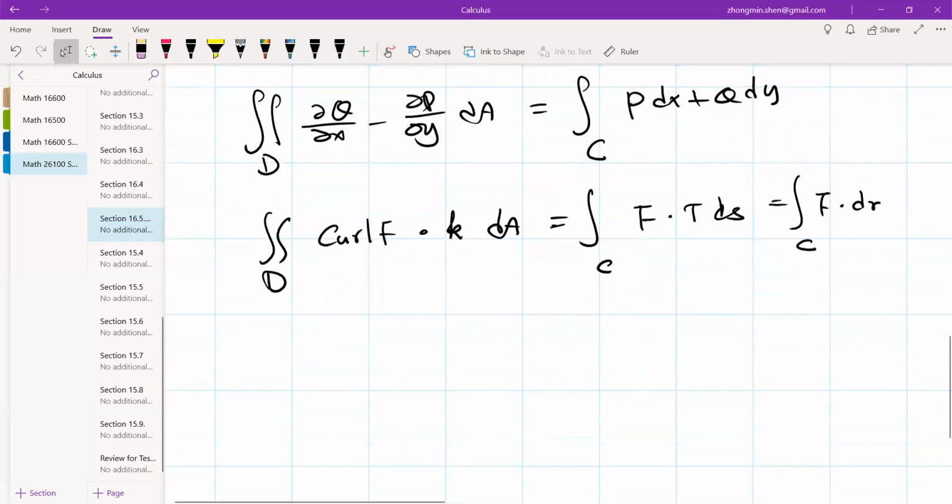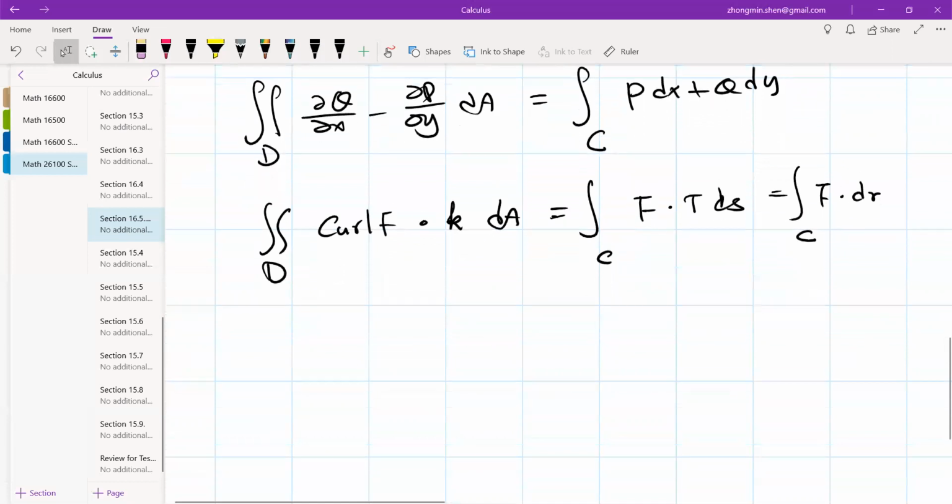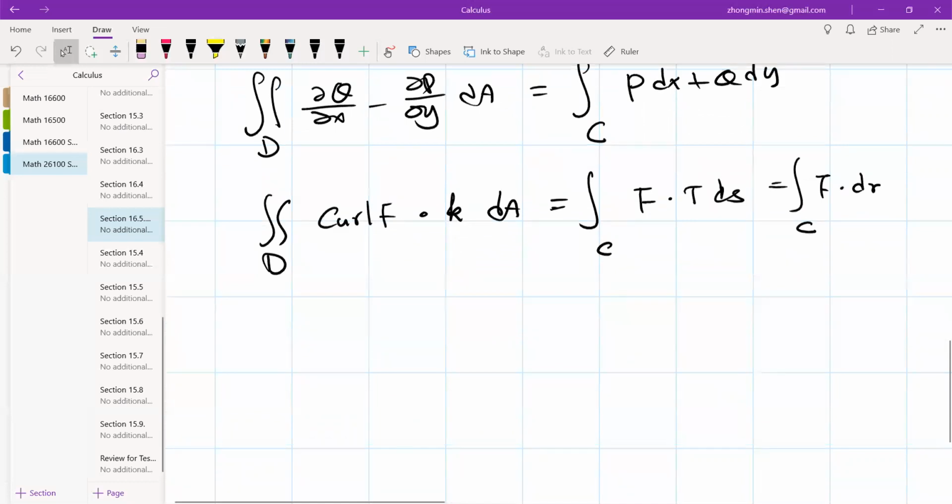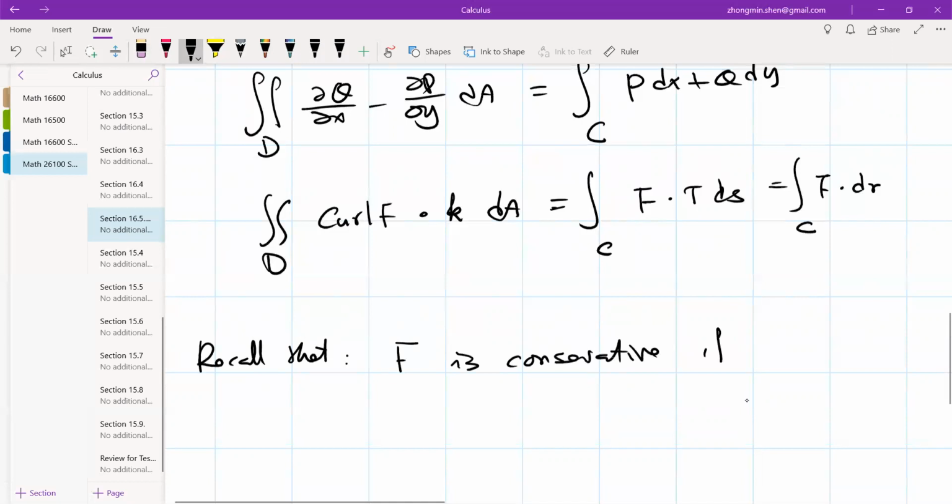And remember we have the theorem for when a vector field is conservative. Recall the definition: a vector field, doesn't matter in which dimension, is conservative if F is the gradient of some f.